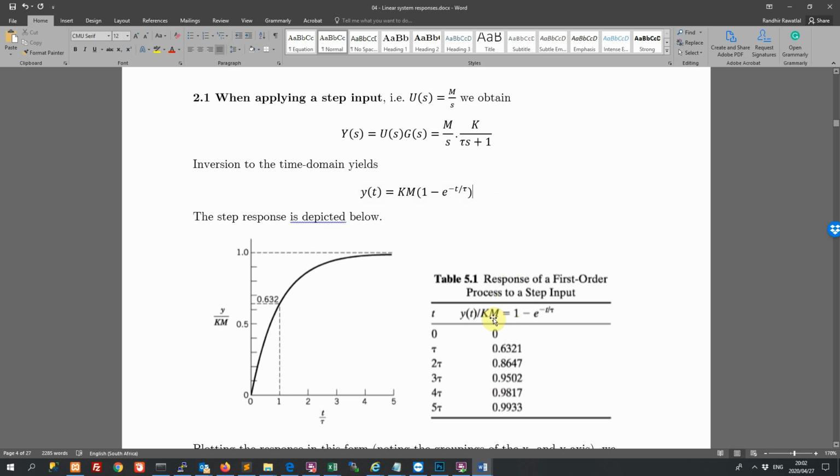So this is a nice intrinsic way of representing this whole thing. Anyway, I digress there. This is the response to your first order process, which is exposed to a step input.